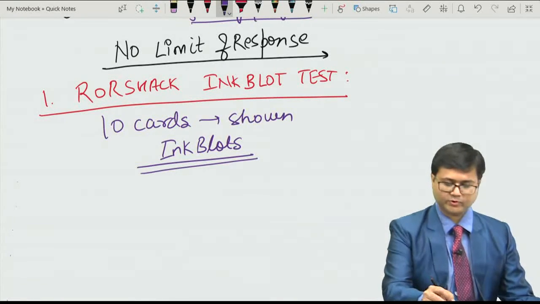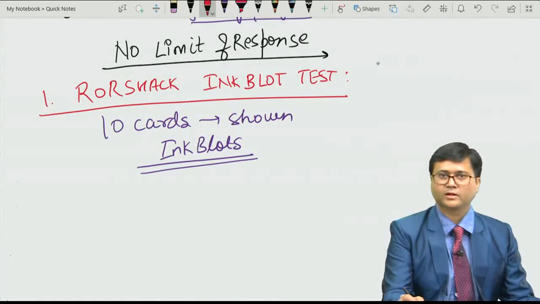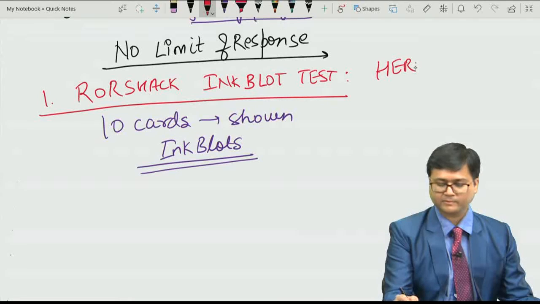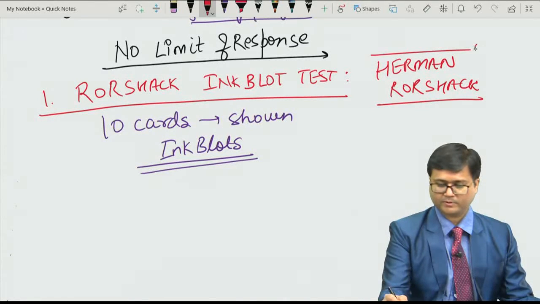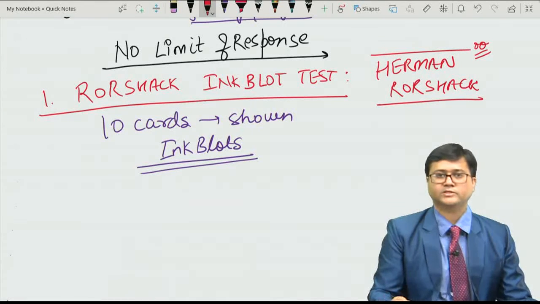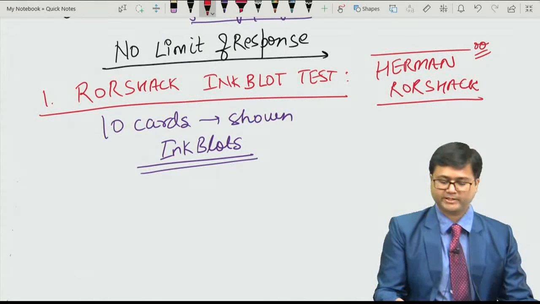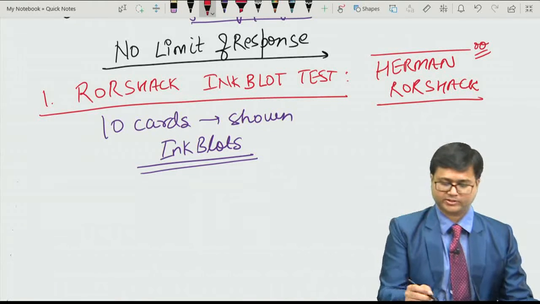This test was given by Rorschach. Important: there are 10 cards shown and the person is asked what it may be. So there are no direct answers but a vague question is asked.